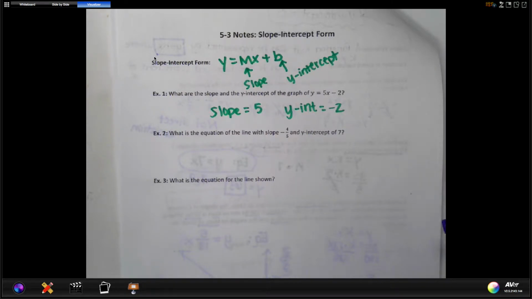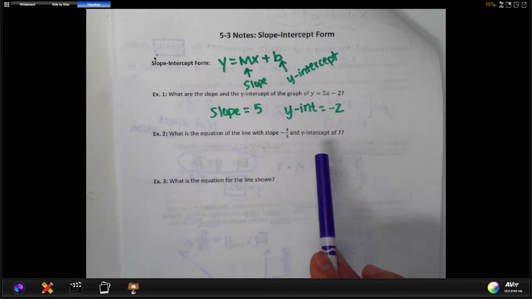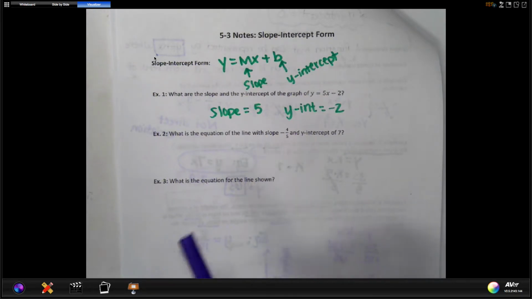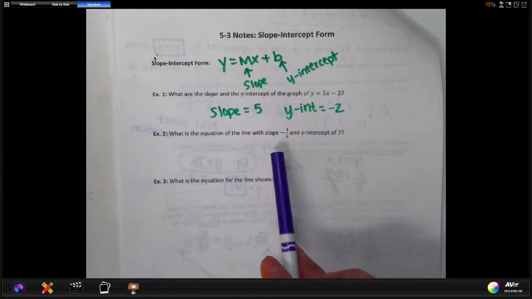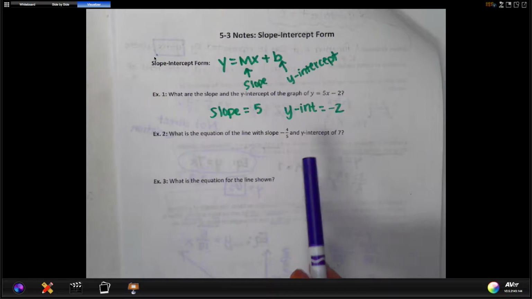Okay, example 2 then is, again, not meant to be a super difficult question. What is the equation of the line with slope -4/5 and y-intercept of 7? So this is to do the opposite of what we just did. If it tells you the slope and the y-intercept, what's the equation?